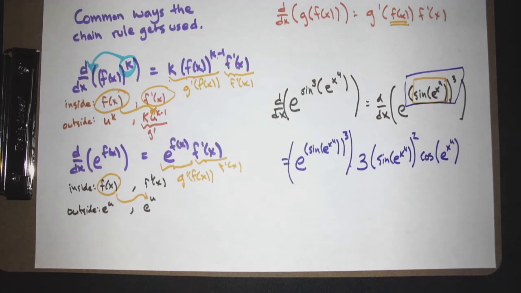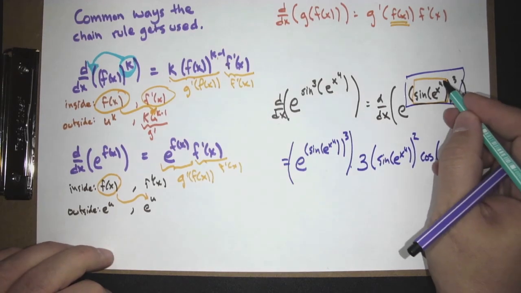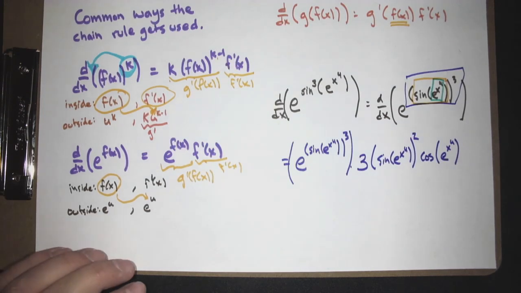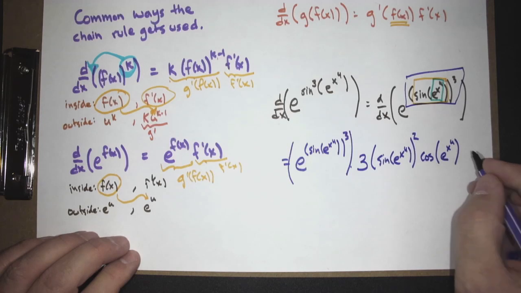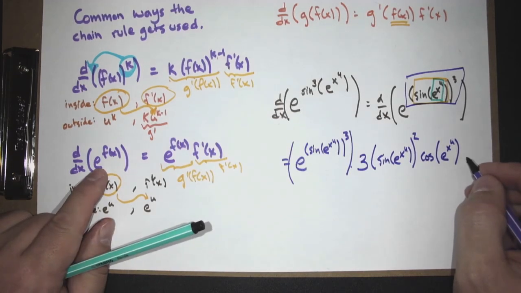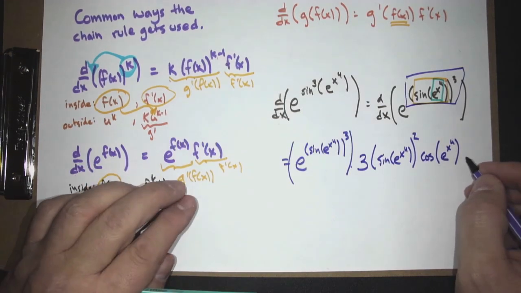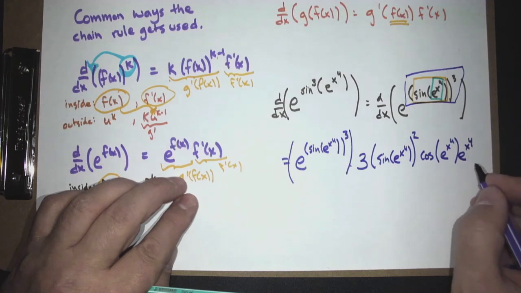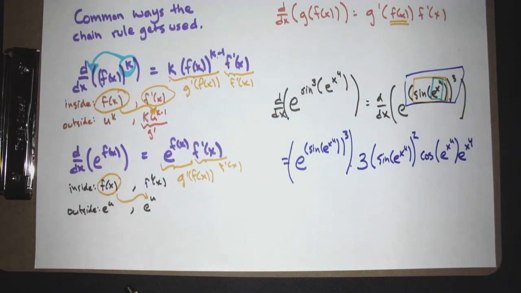Okay, where are we now? Well, we've worked our way in. We're at e to the x to the 4th. So, what's the derivative of e to the x to the 4th? Well, it's e to something, so it's e to the x to the 4th. Then, what happens?